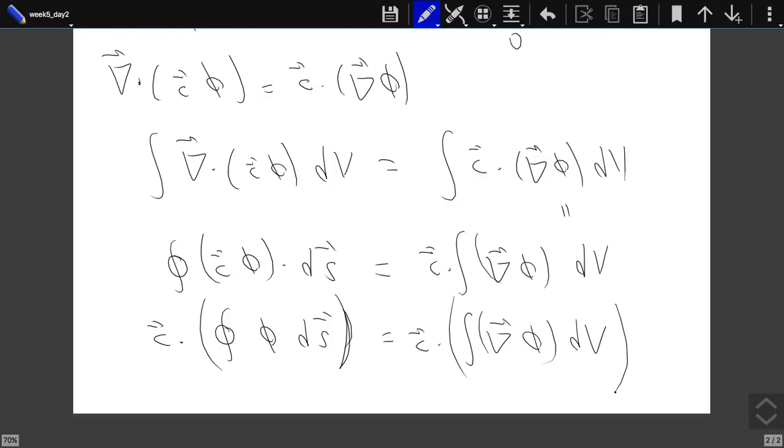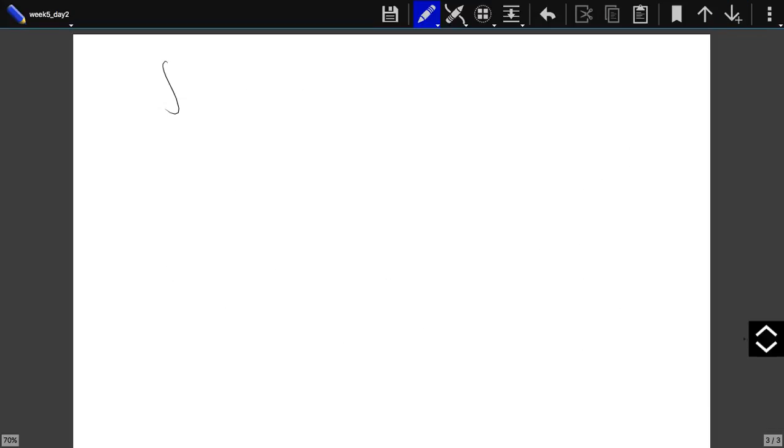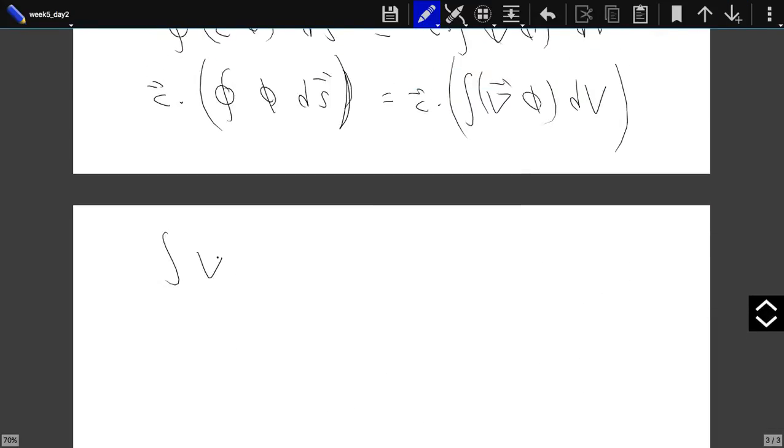And you see C is an arbitrary vector, and this equality should hold for an arbitrary vector. So basically it tells me that if I take the gradient of a function, which is a vector, and take its volume integral, this should be equal to the integral of that function over the surface.